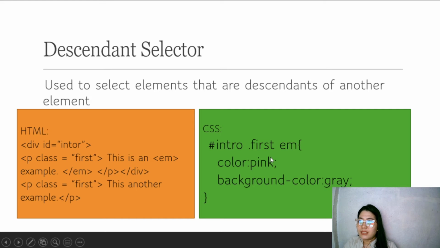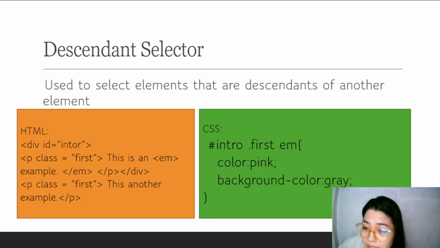So in our CSS, we call first the class, the ID intro, and then the class first, and the specific style or the specific tag that we want, or the specific element where we would like to have our design.